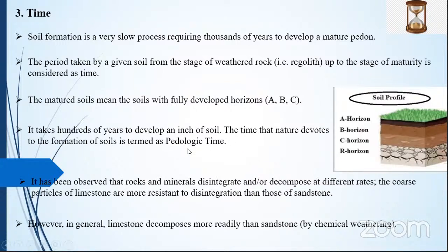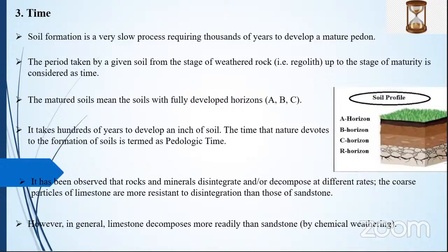It has been observed that rocks and minerals disintegrate at different rates. Naturally, different minerals or different rocks have different timing for weathering. Especially the coarse particles of limestone are more resistant to disintegration than those of sandstone. Naturally, limestone is somewhat resistant when compared to sandstone, and takes more time. However, in general, limestone decomposes naturally.